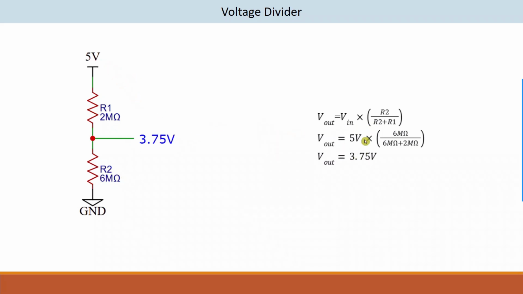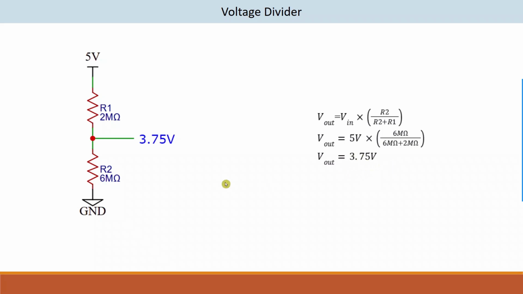V in is 5 volt and R2 is 6 mega ohm. R2 plus R1 is 6 mega ohm plus 2 mega ohm. 6 plus 2 will be 8. So mega ohm cancel. Now 6 divided by 8. After calculation you will get 3.75 volt.